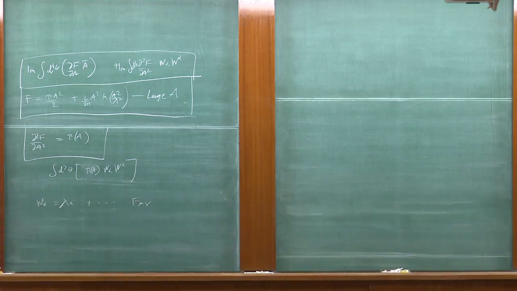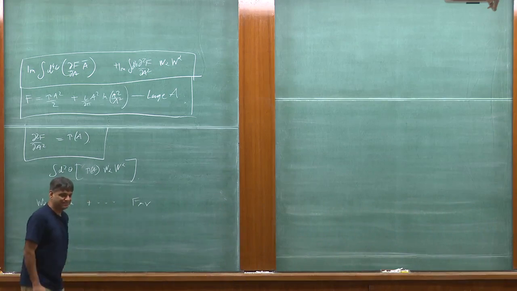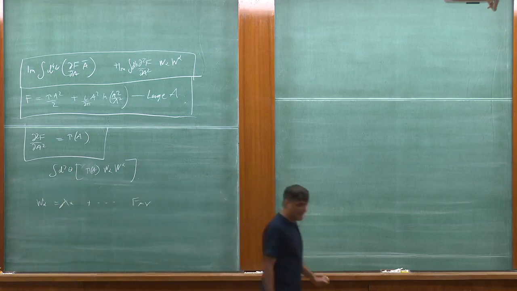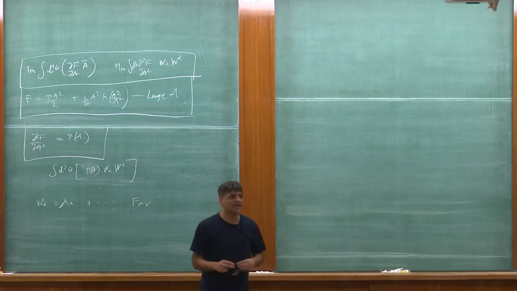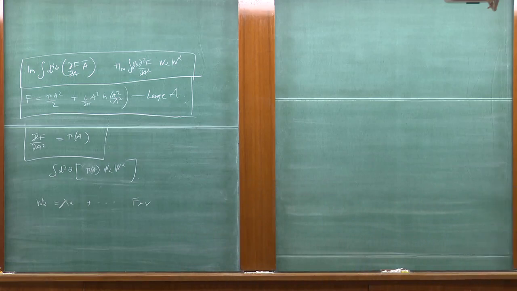So the fact that f obeys the Bianchi identity is a consequence of some supersymmetric equation. So the first question we're going to ask ourselves is, what supersymmetric equation has as one of its components the Bianchi identity?